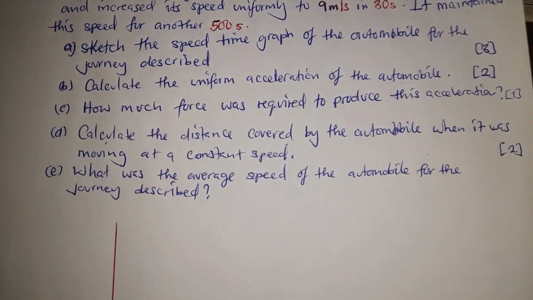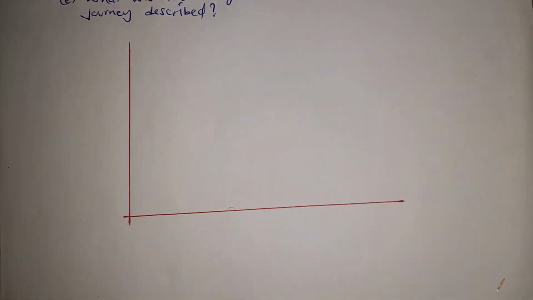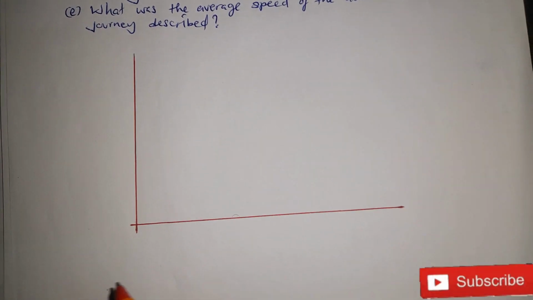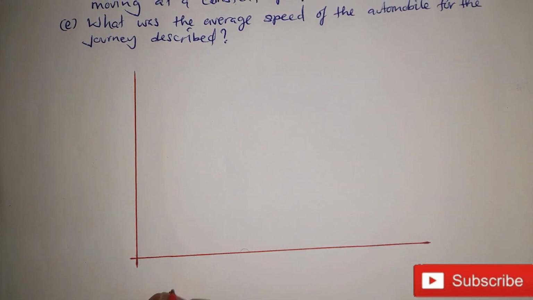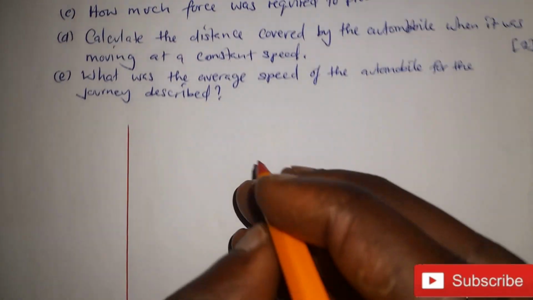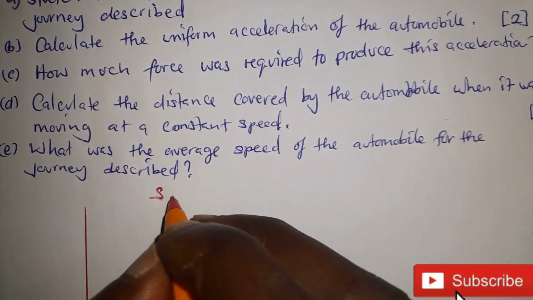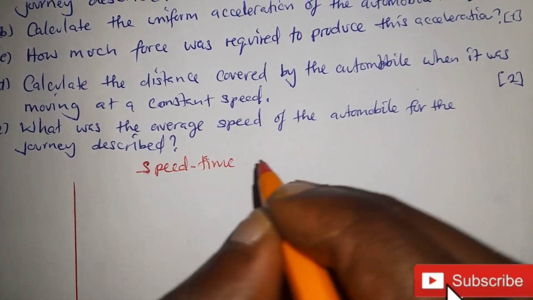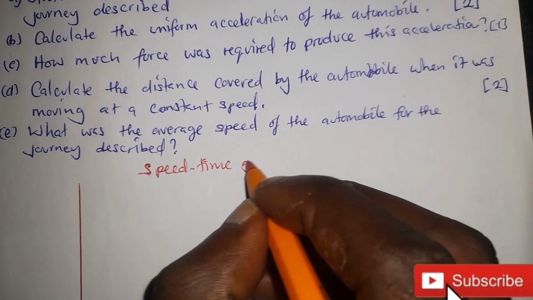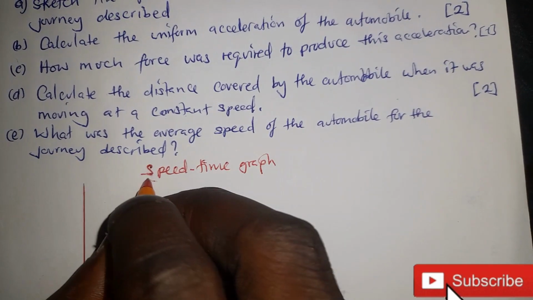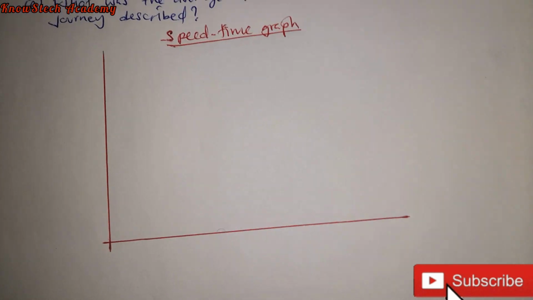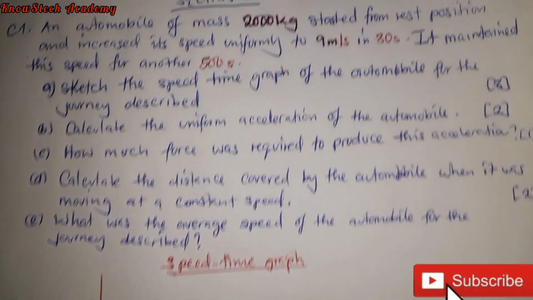So what you need to do first is to draw the x and the y axis. If they say the car starts from rest, so this is the speed-time graph.